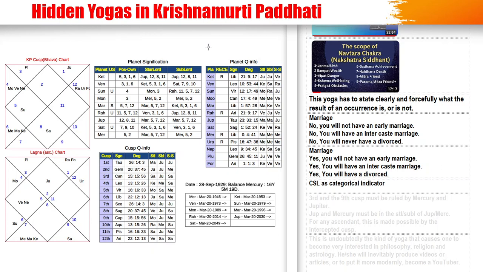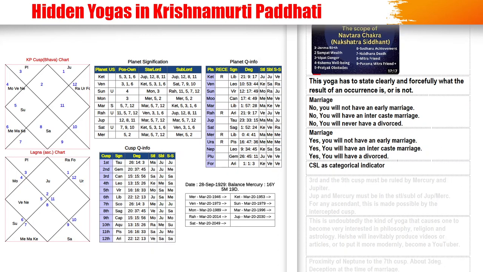So I'm going to discuss 3 rules that are not dependent on the Cuspal Sub Lord, and we are talking about the birth horoscope, and these 3 rules will work. They deliver results. This you can call a yoga in the Krishnamurti Paddhati.